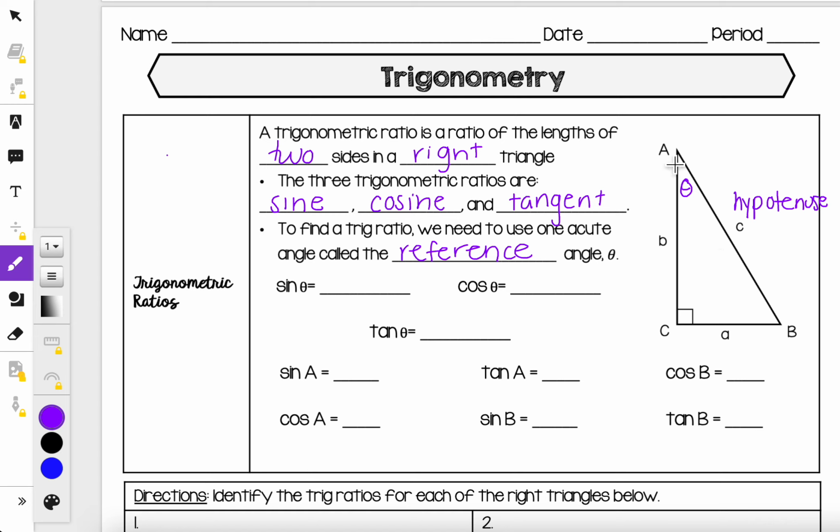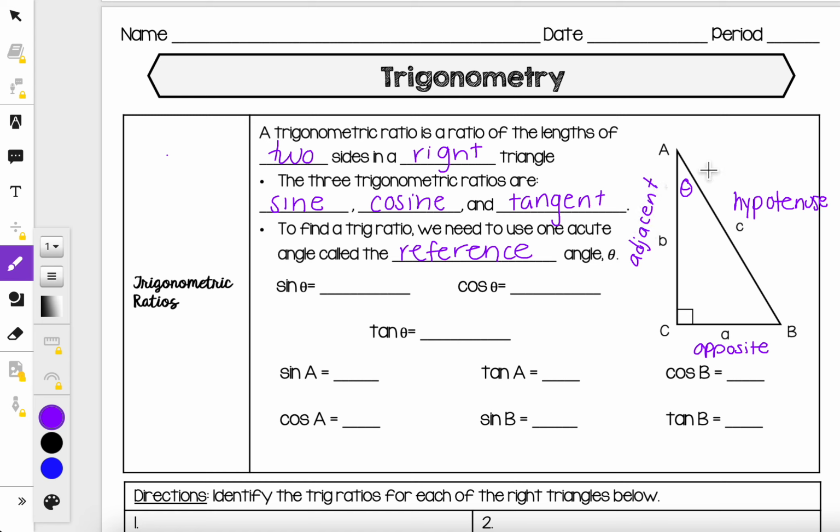Our other two sides are called the opposite and the adjacent side. So if this angle A is my reference angle, then this side here that I called lowercase a is going to be your opposite side because it's opposite from that reference angle. Your other side is going to be the adjacent side. Adjacent means next to.